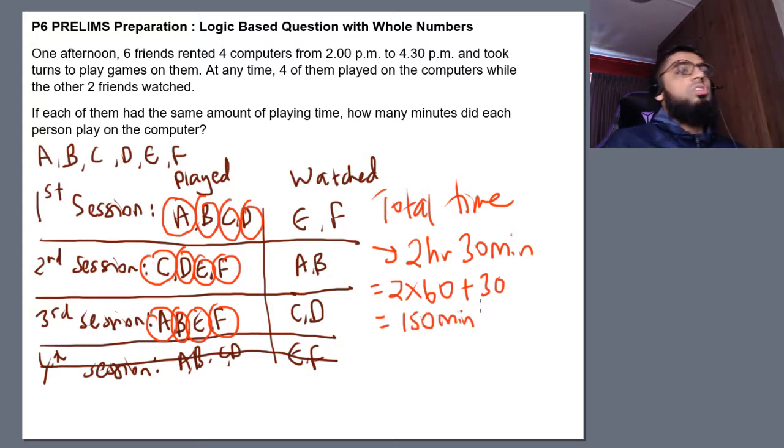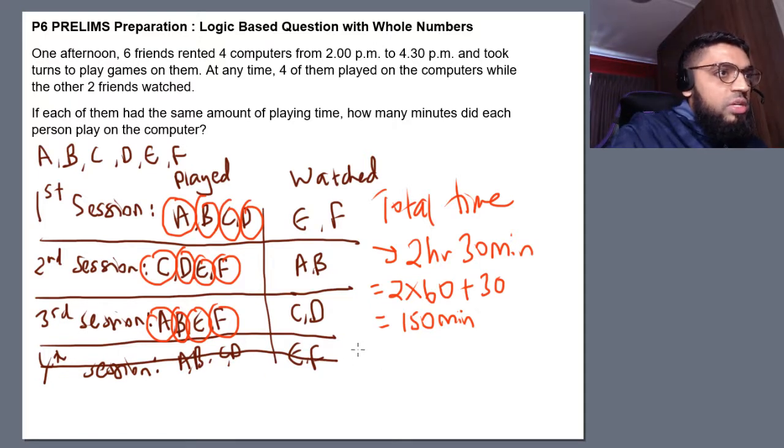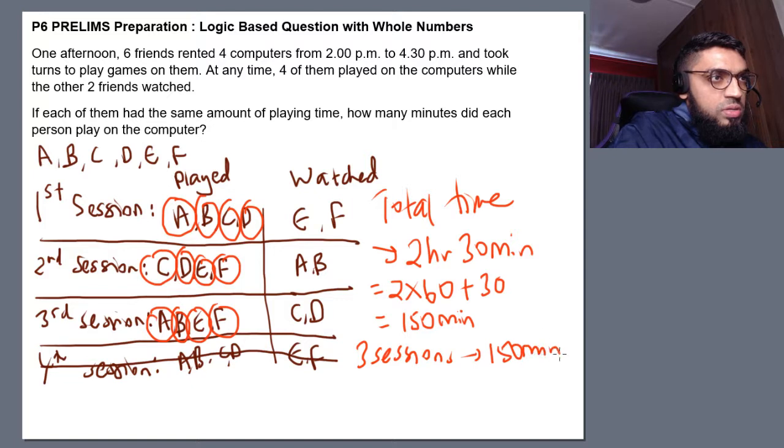So this is the total time taken for all the 3 sessions. 3 sessions is the same as 150 minutes. 1 session will be 150 divided by 3, which gives us 50 minutes per session.